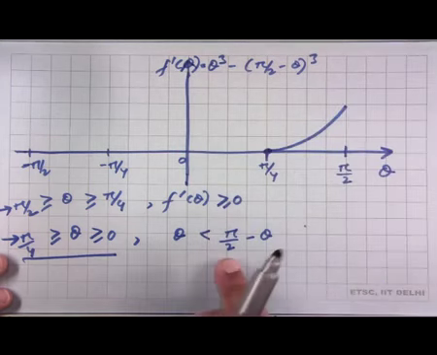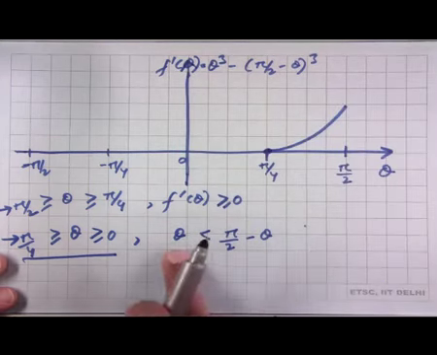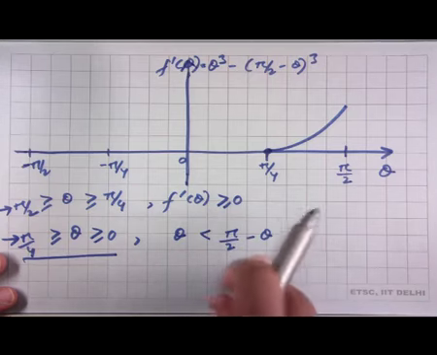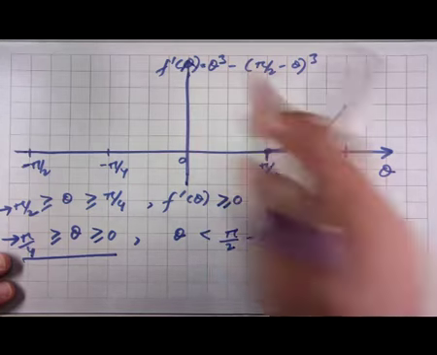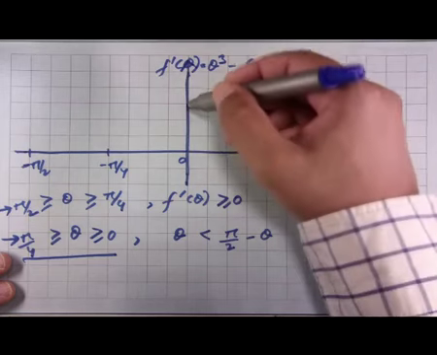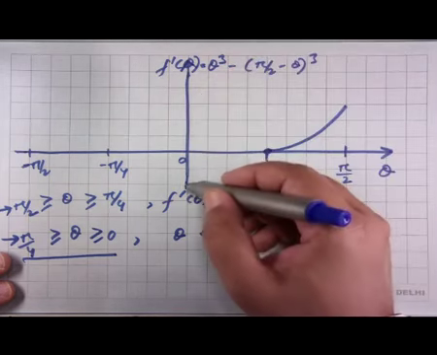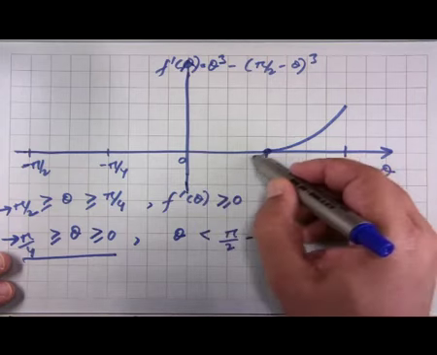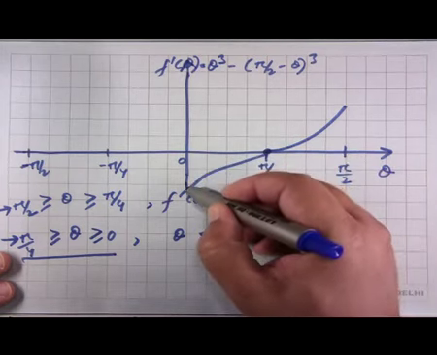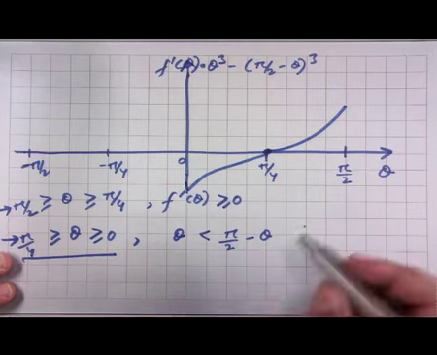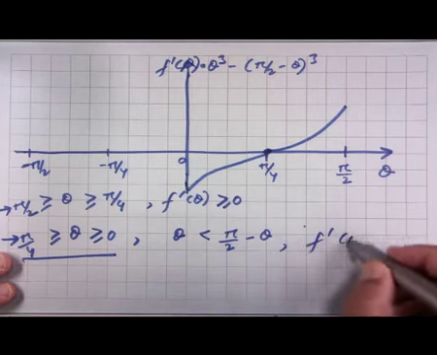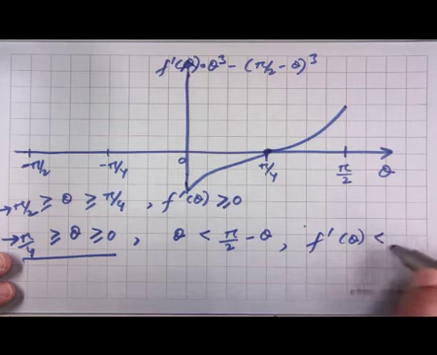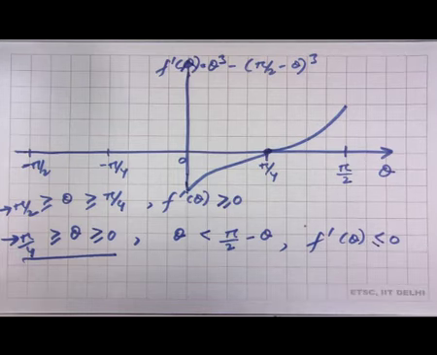So f dash theta will be, let us say, somewhere here, something like that. So, we have f dash theta negative in this interval.